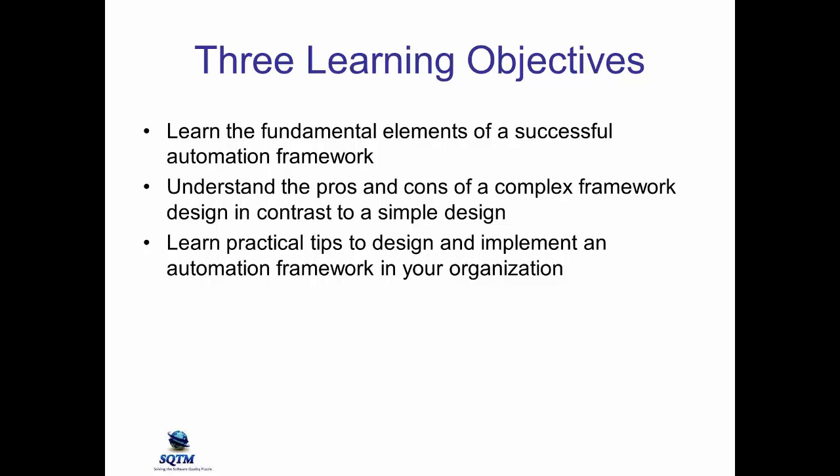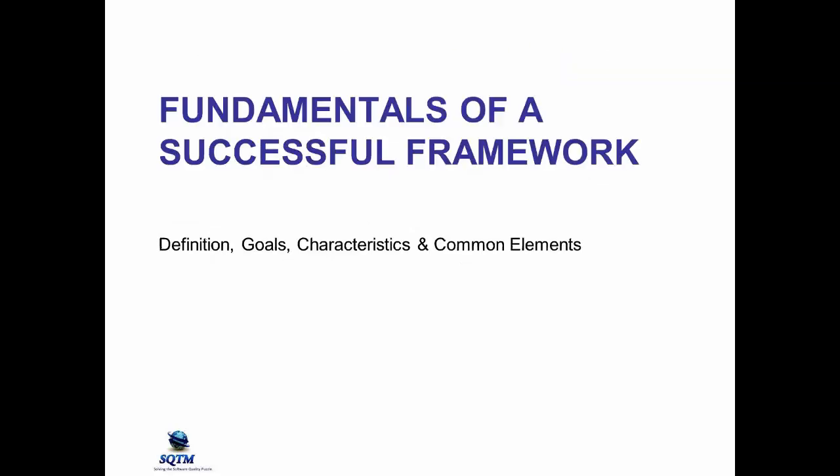We'll look at a couple of case studies as well. Then we'll also learn practical steps or tips to design and implement a framework. It requires some technique and skills, and we'll take a look at those too, including at the organizational level. Those are the 3 objectives we want to take from this hour.